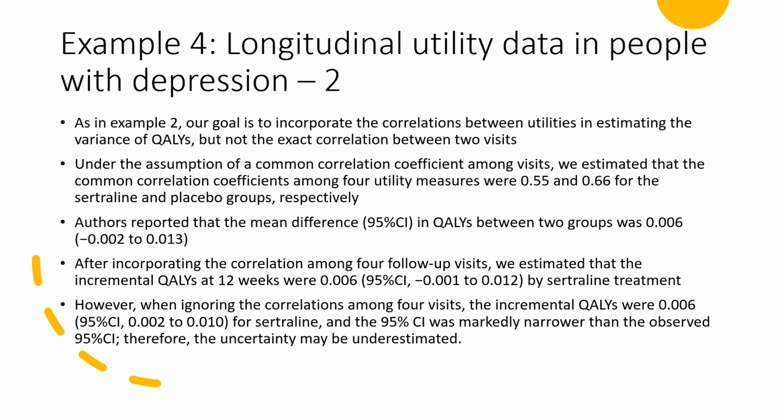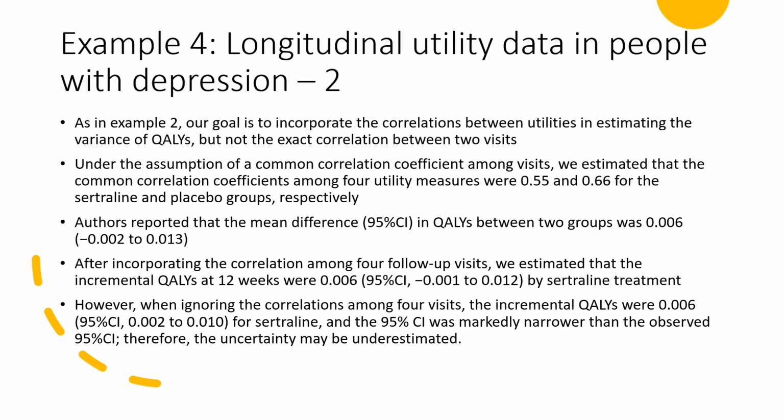Our goal is to incorporate the correlations between utilities in estimating the variance of QALY, but not the exact correlation between 2 visits. Under the assumption of a common correlation coefficient among visits within each treatment group, we estimated that the common correlation coefficients among 4 utility measures were 0.55 and 0.66 for the sertraline and placebo groups, respectively.